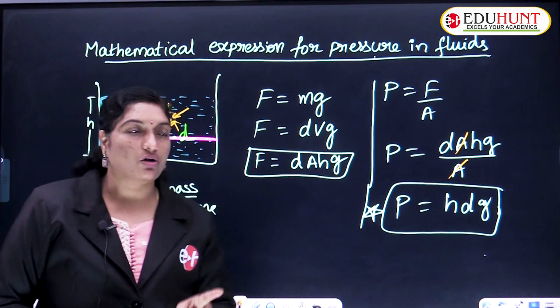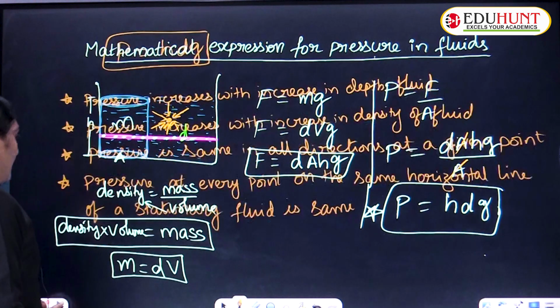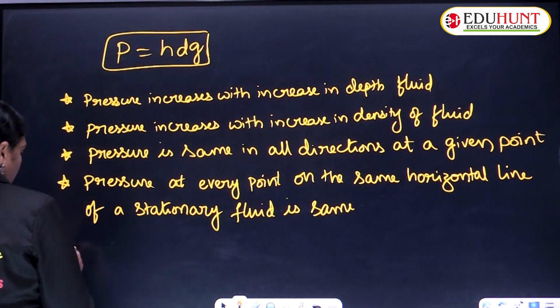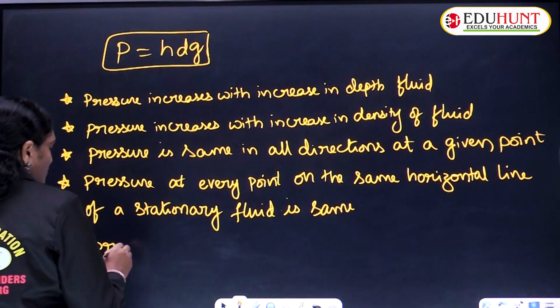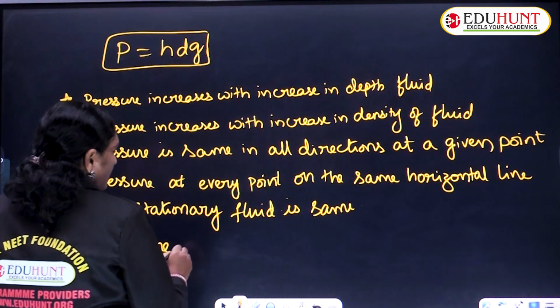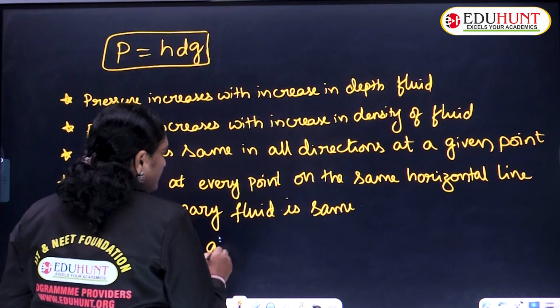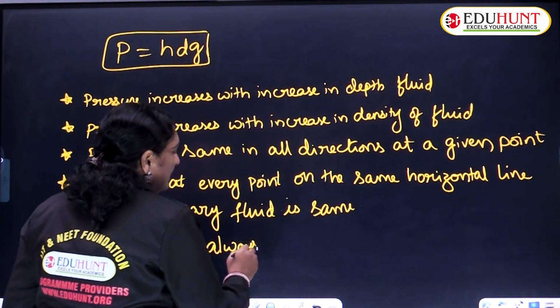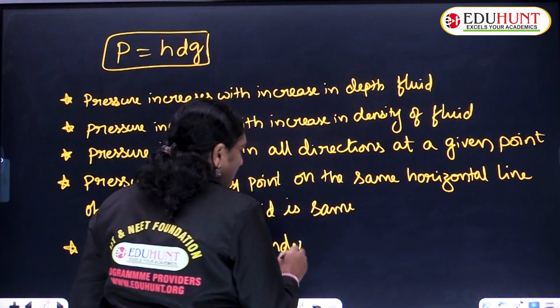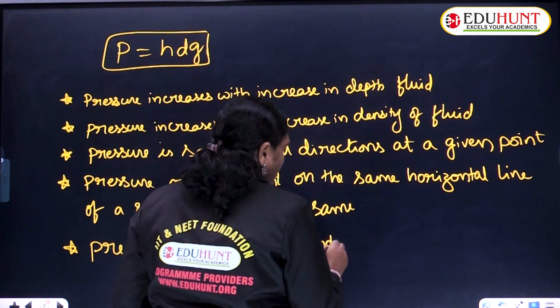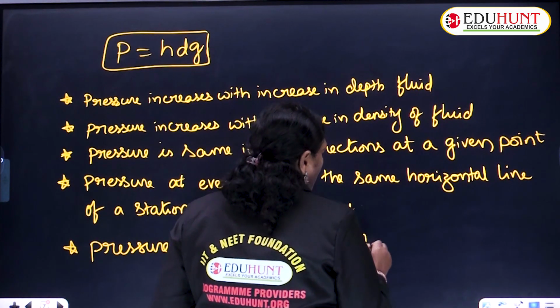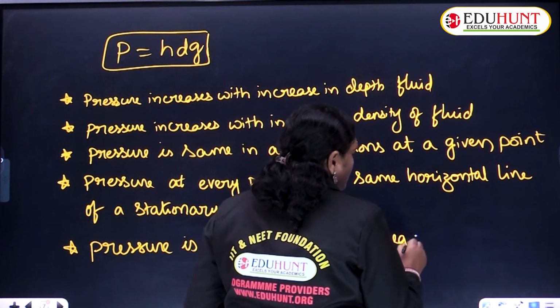So pressure is always independent of area of cross section.